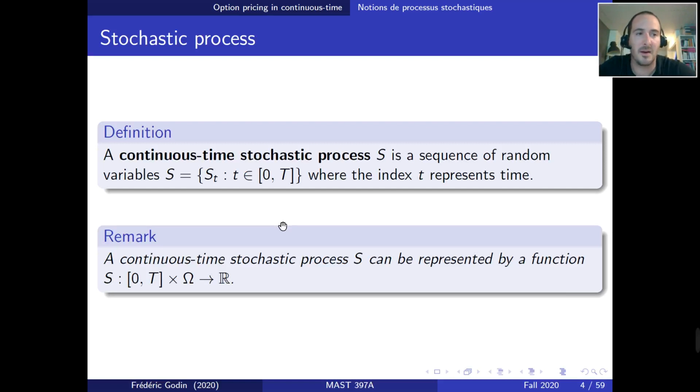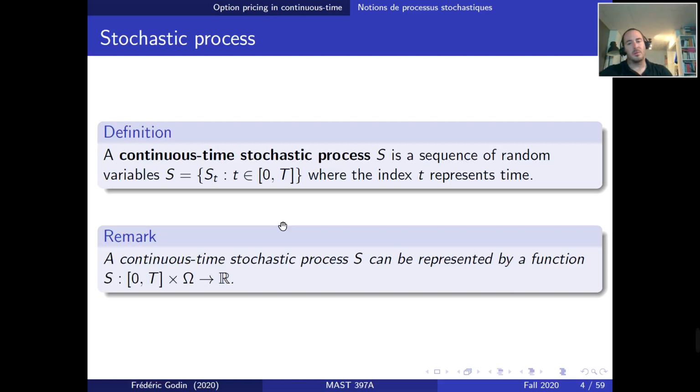So for example, if I tell you the price of a stock at 9 a.m. on Monday, this is a random variable because it's at a fixed point in time. Whereas if I tell you the set of all prices of this given stock throughout the week, then this is a stochastic process because it's a collection of random variables, each associated with a given time point.